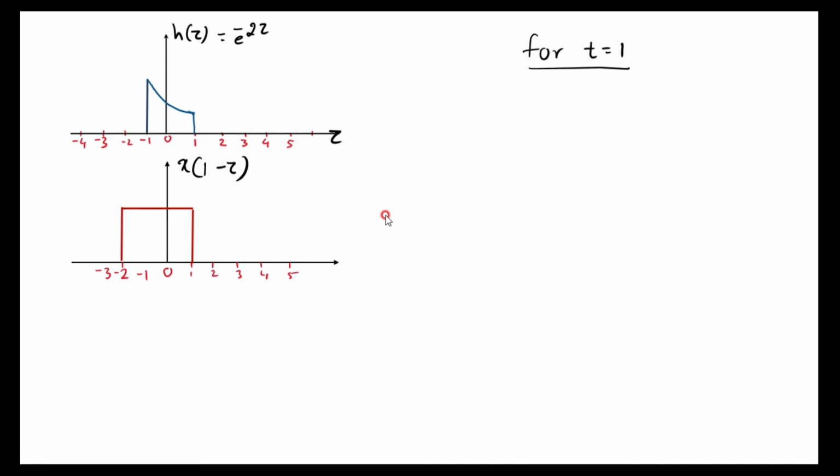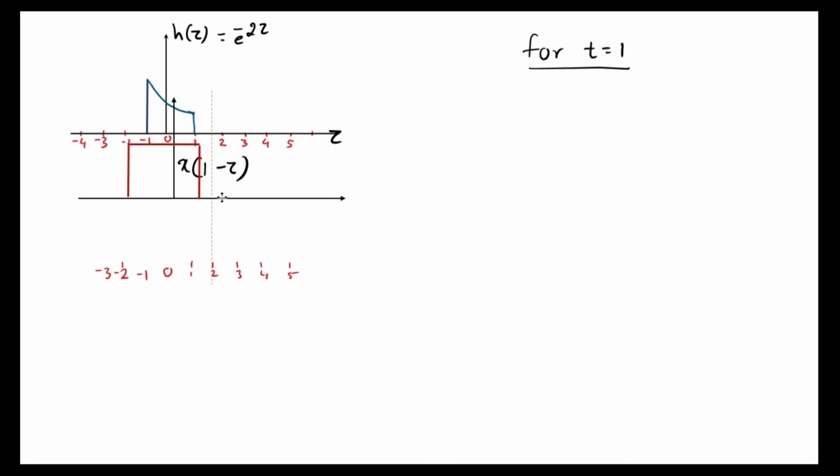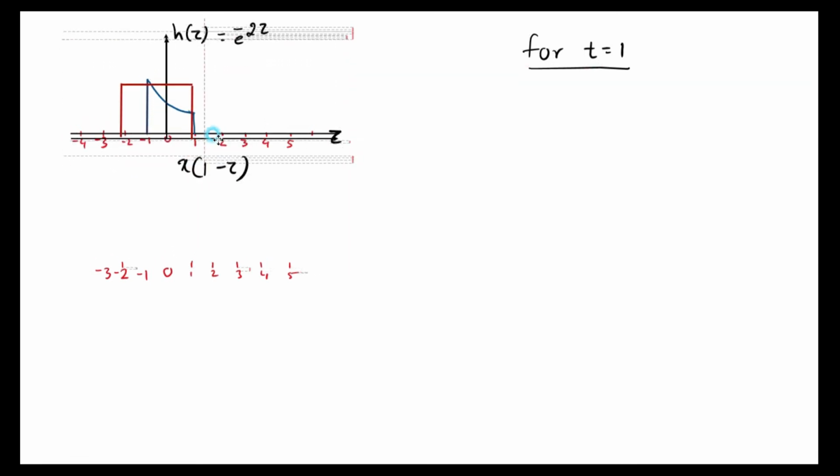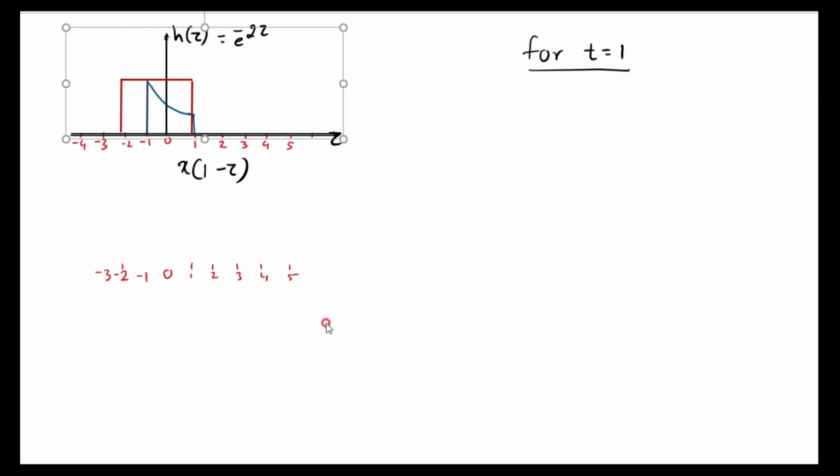If I place x of 1 minus tau signal on h of tau signal, we'll see what area will overlap. So now I overlapped the h of tau signal on the x of tau signal.